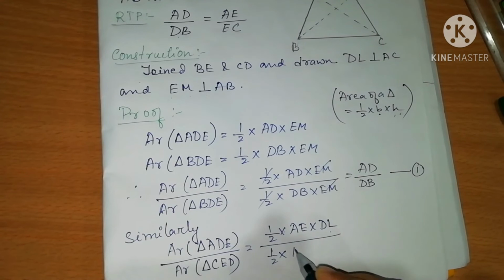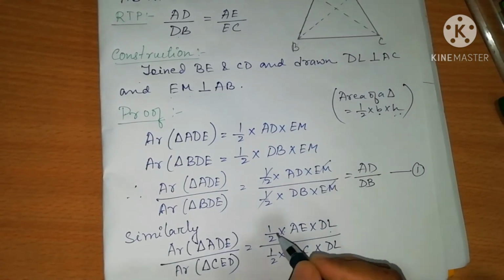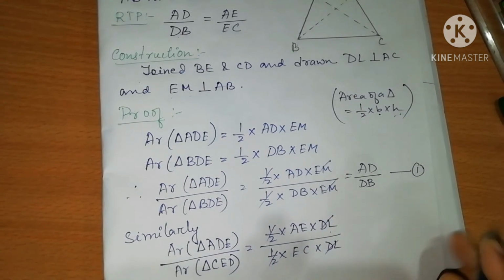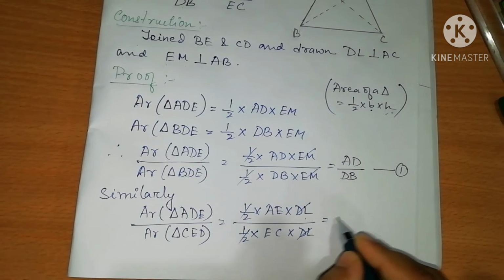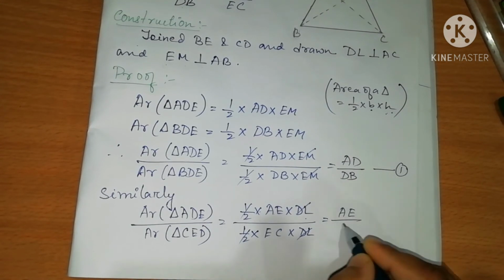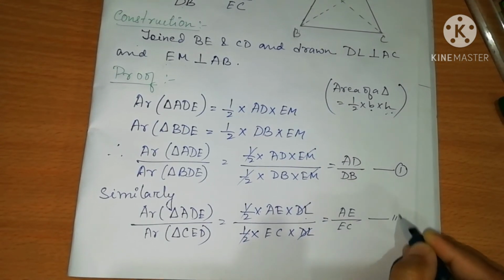So half into EC into DL. Half cancels, DL cancels, and we get AE by EC. Equation 2.